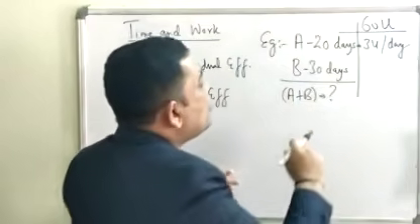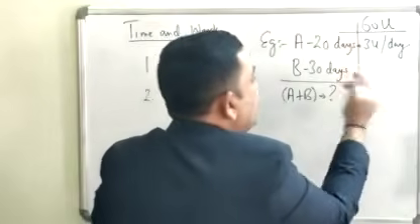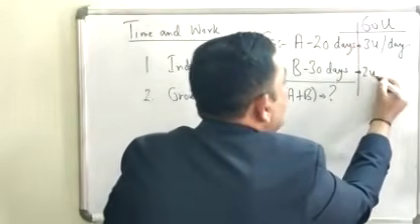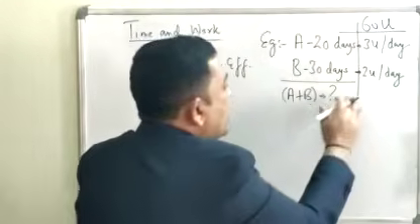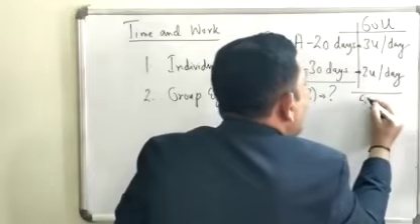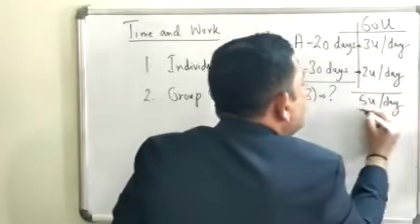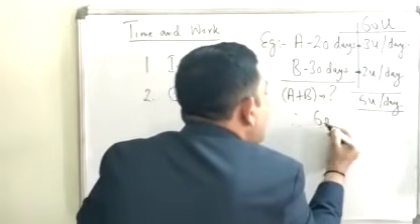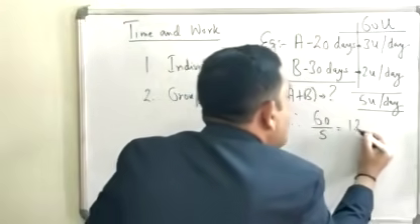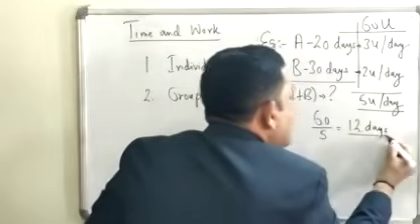B will be able to complete the same 60 units in 30 days, so this will be 2 units per day. Put together, both of them are able to do 5 units per day, and therefore they will be able to do the complete work in 12 days.